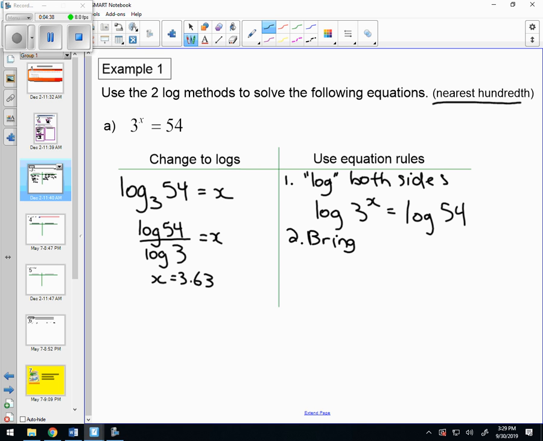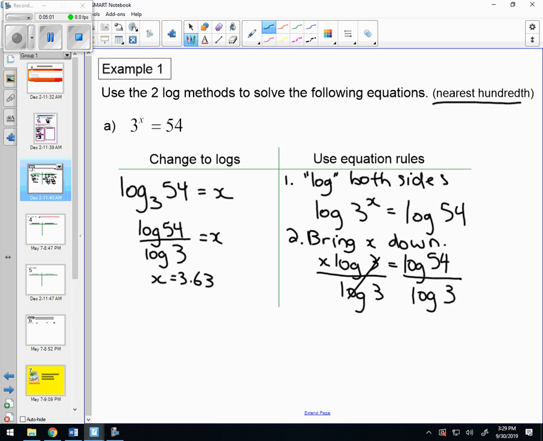So opposite of what you did yesterday. It now becomes x log 3 equals log 54. And then to get rid of the log 3 and just have the x, we just divide by log 3. And on this side, they cancel out, and we're left with x equals log 54 divided by log 3, which, lo and behold, is what we had over on this side as well. So x equals 3.63.